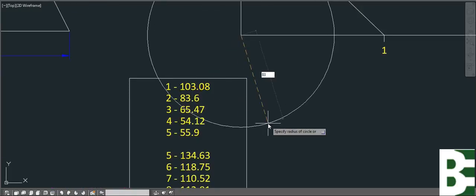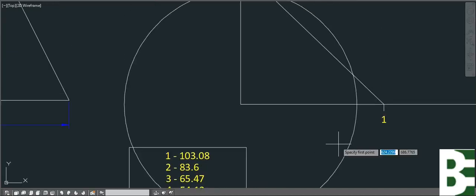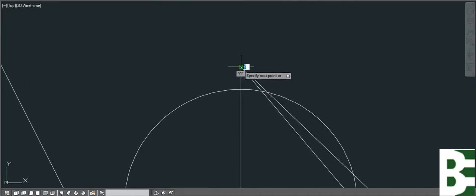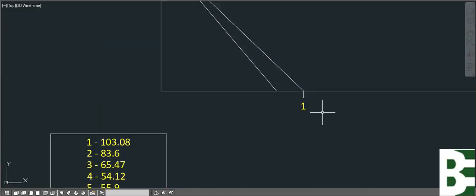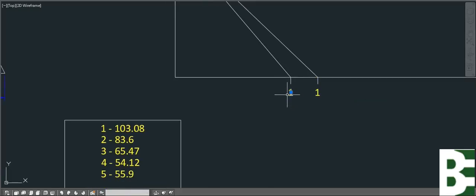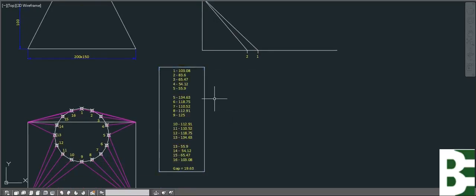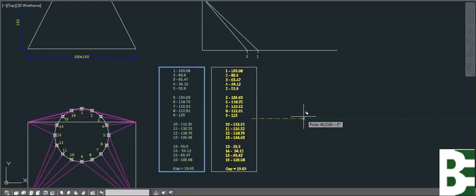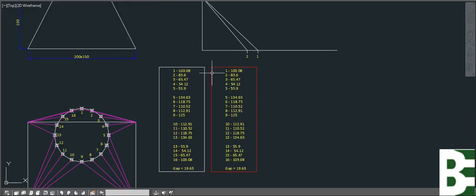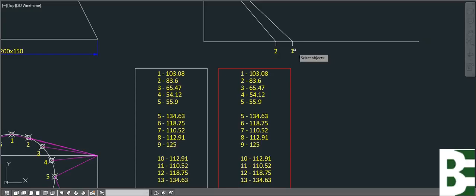Number 2 is 83.6. Now this is number 2. I will change the color because I now need table number 2.